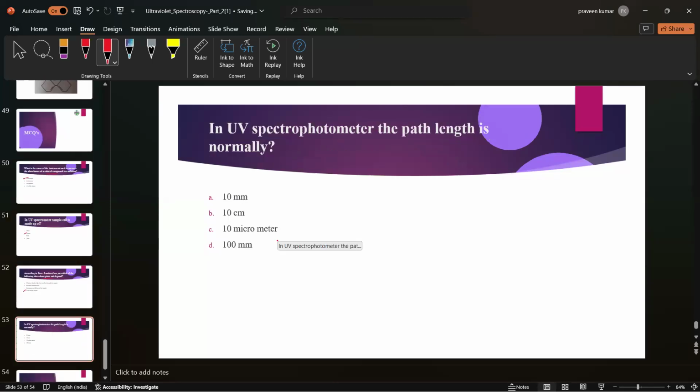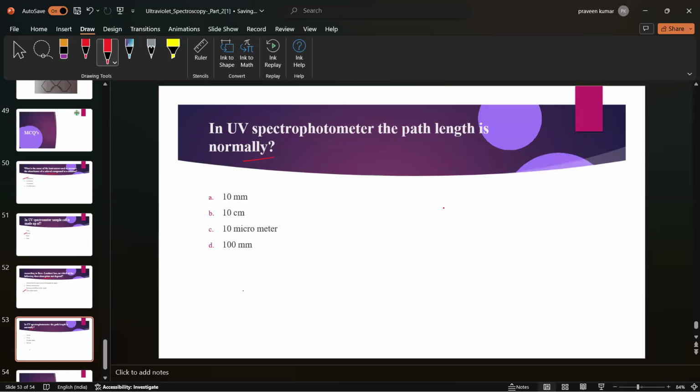In UV spectrophotometer, the path length is normally... Come on, guys, answer this question. The path length. I'm giving you a hint, guys.